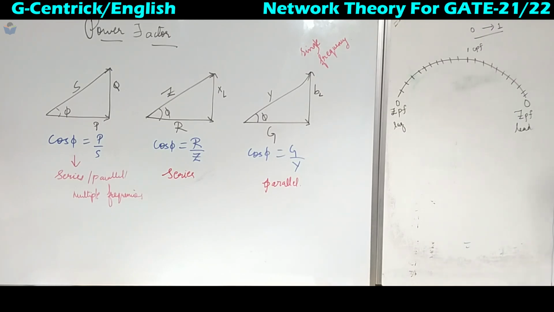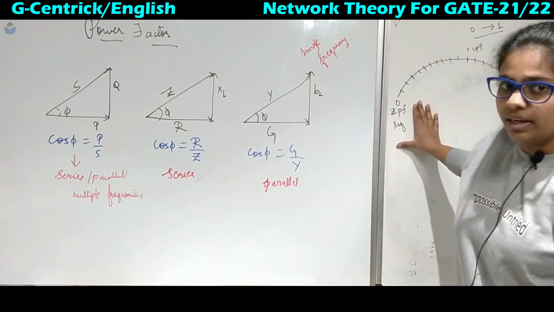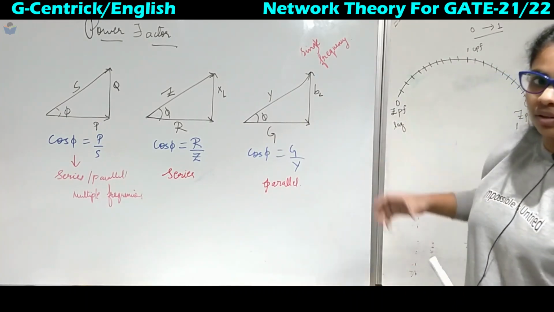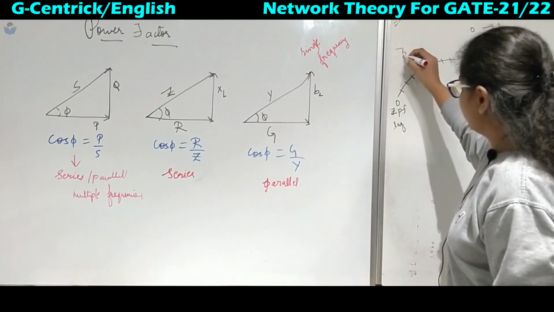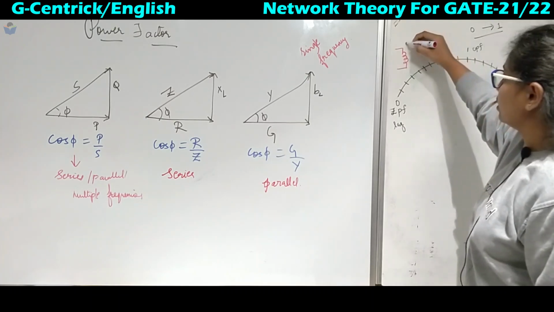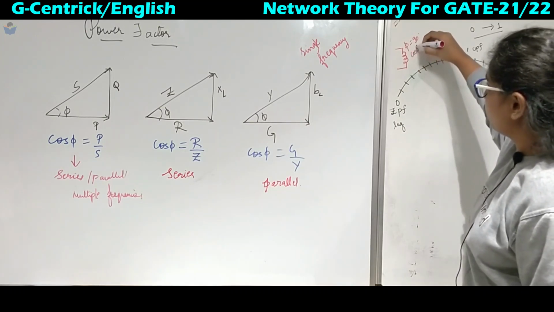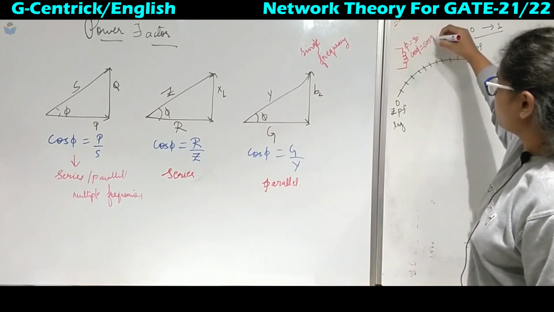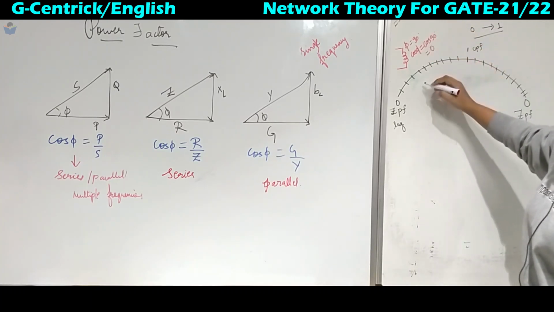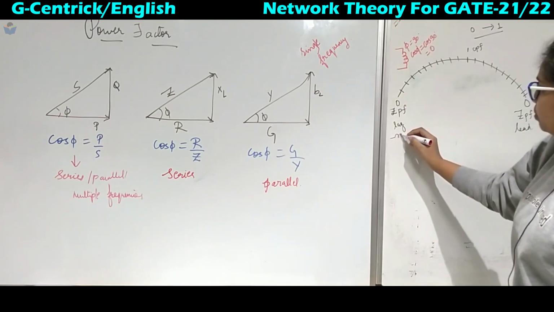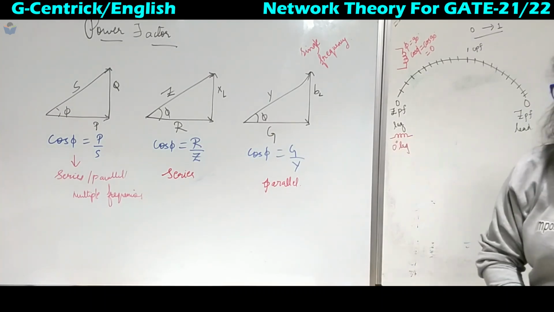Now the 0 power factor lagging case is for the inductive circuit, a pure inductive circuit. Here the angle will be 90 degrees, so cos phi is equal to cos 90 degrees, and the value of cos 90 degrees is 0. So this 0 is for the pure inductor circuit, and it is called 0 power factor lag.